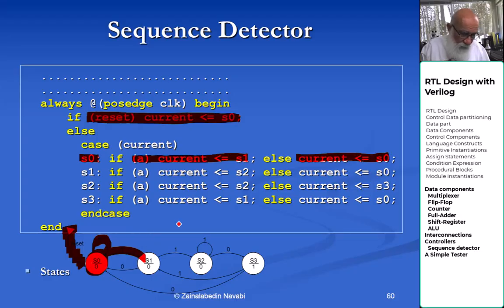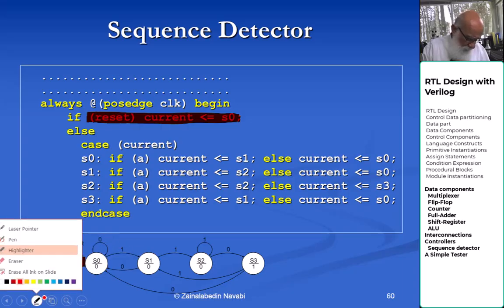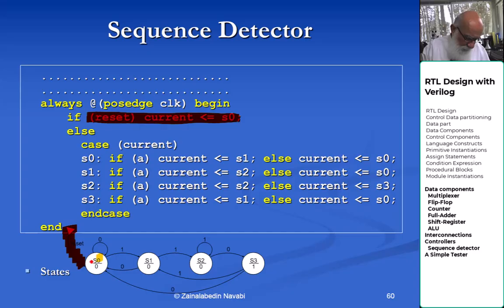It's a little darker than what I liked it to be. So let's switch to this one instead. So this line corresponds to the S0 state. If the value of current is S1, then if A is 1, I go to current state S2.